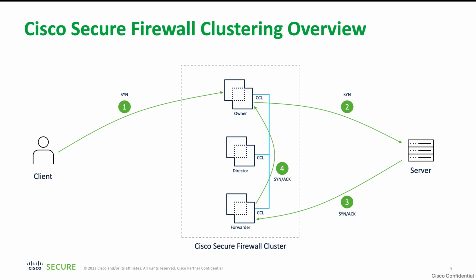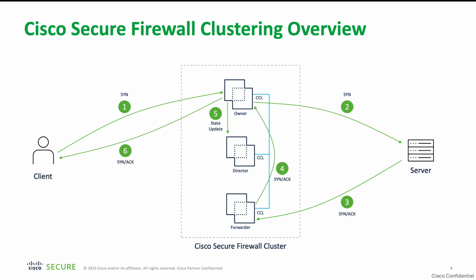If this is a UDP connection, the forwarder has to ask the director who the owner is. But since this is a TCP connection, the forwarder forwards the packet to the owner. So now the packet has reached the owner, and the owner updates the director with the connection state. The director records both the TCP state and the owner information and serves as a backup owner for resiliency.